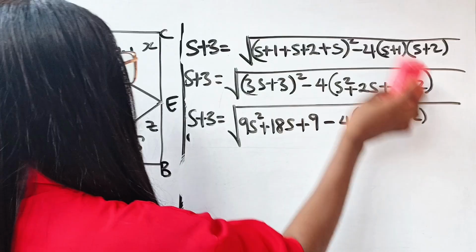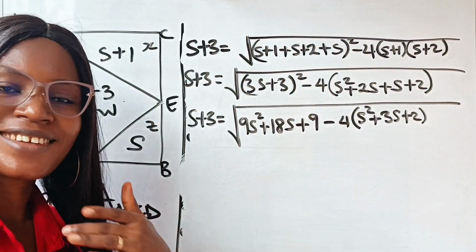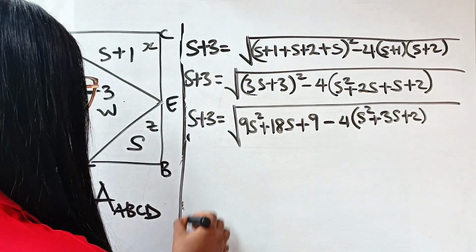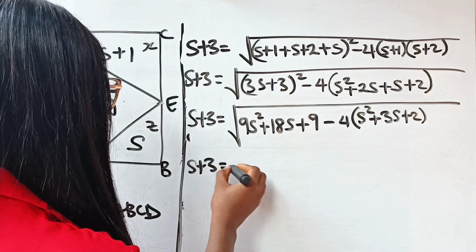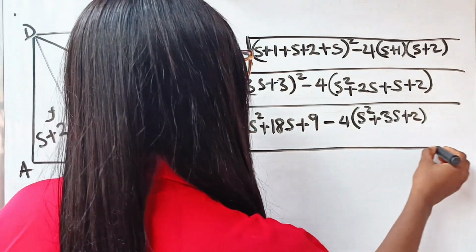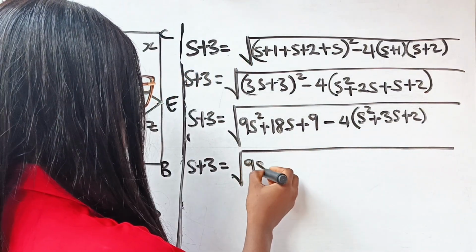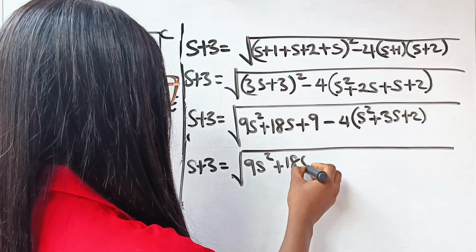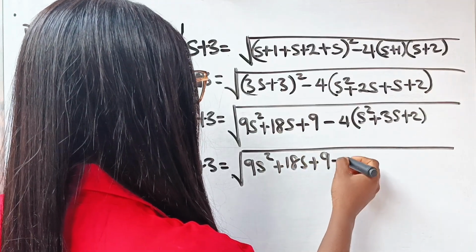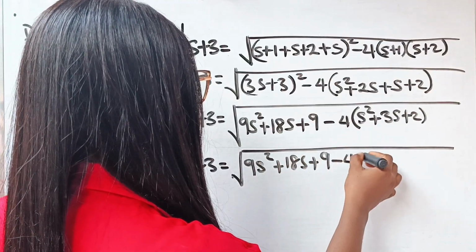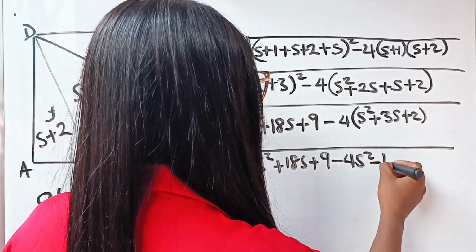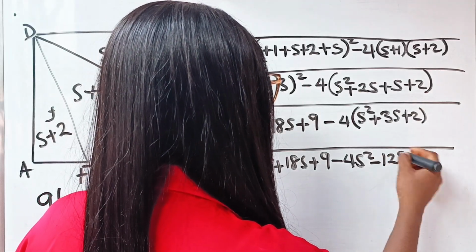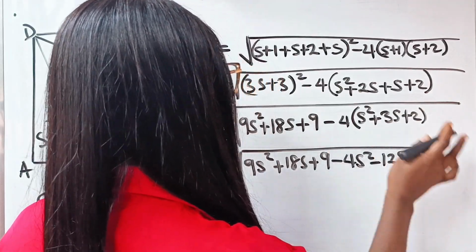I hope you are still following. Okay, so now we have s plus 3 is equal to the square root of 9s squared plus 18s plus 9 minus, let's open this bracket, 4s squared minus 12s minus 4 times 2 is 8.